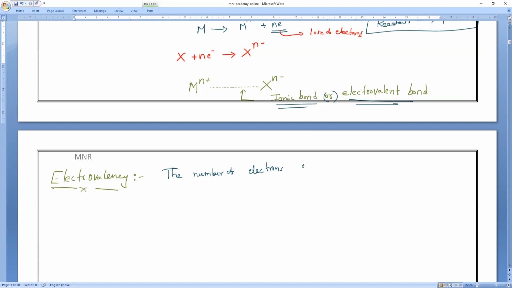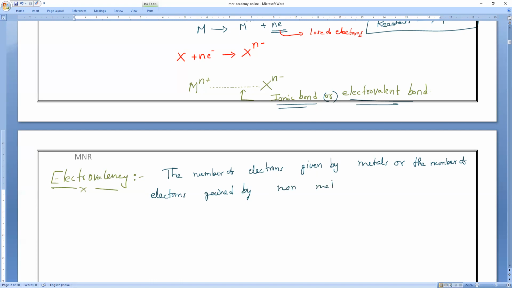The number of electrons given by metals or the number of electrons gained by non-metals are called their electrovalency. Understand?